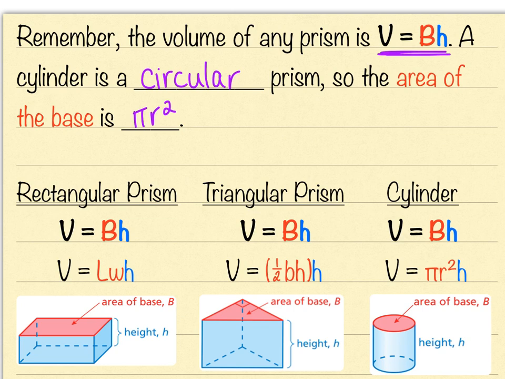So the three main types of prisms we've looked at so far: rectangular prisms use the formula V equals capital BH, where capital B, because it's a rectangle, is going to be length times width. And a triangular prism, capital B, because it's a triangle base, is going to be 1/2 BH. And on a cylinder, because it's a circular prism, we're going to use pi r squared. So we're using the same formula each time, we're just using a different area formula for capital B.